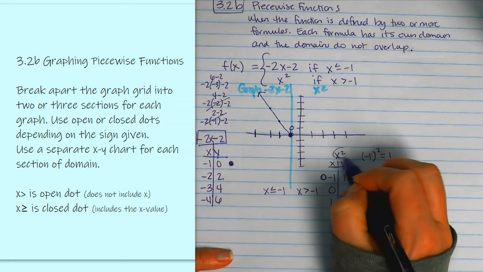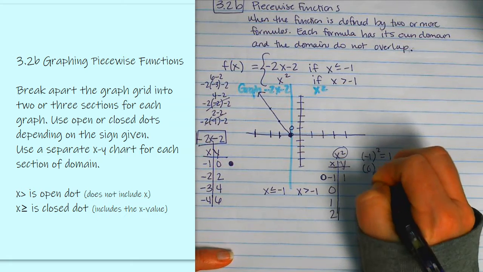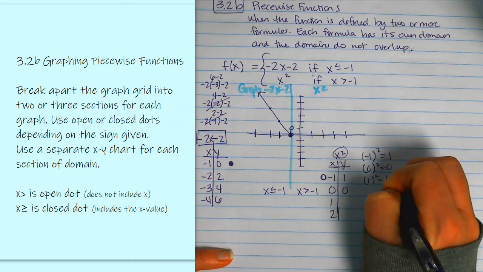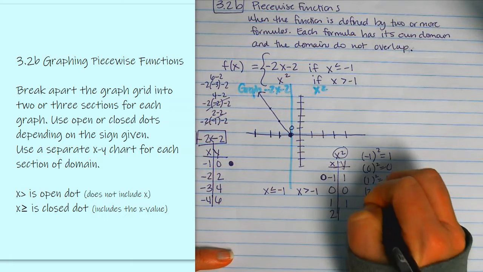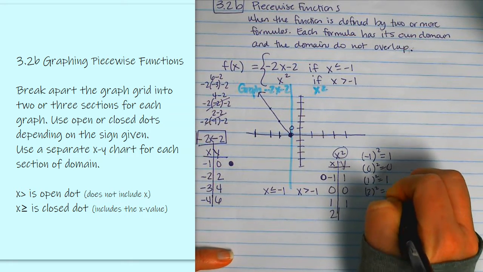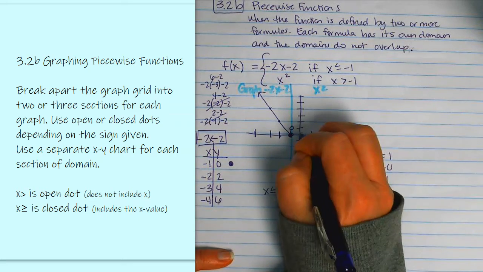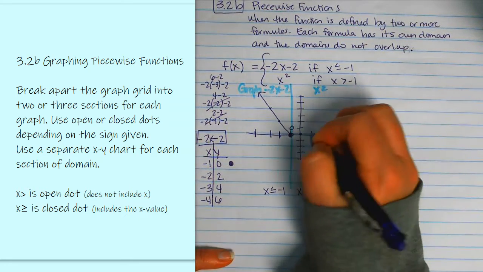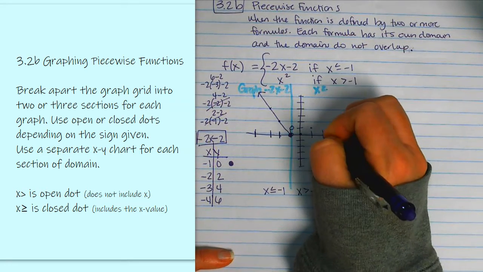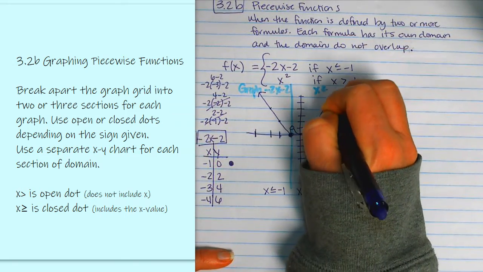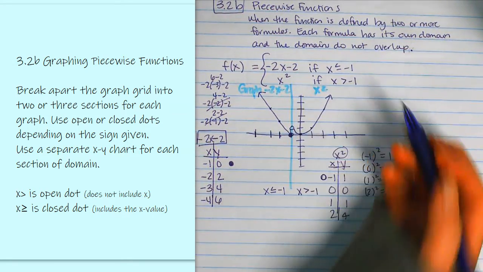I'm plugging them all into here. 0 squared is 0, 1 squared is 1, 2 squared is 4, and I'll plot those points: 0, 0, 1, 1, 2, 4. So I have half a parabola there.